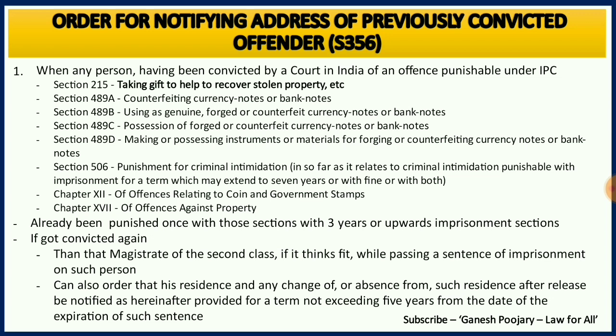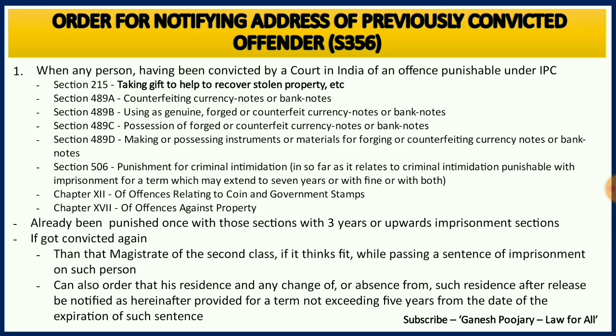So the key information that you need to remember is that the person has already been convicted by a court of India under IPC section maybe 215, 489A, B, C or D, section 506 or chapter 12 or chapter 17. And the punishment should be of more than 3 years and he got convicted again.